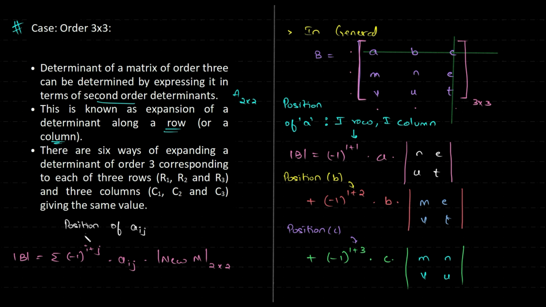That's where this entire thing comes from, and this is your elements from non ith row and jth column. Okay, so this is your entire set of rules. Again, just understand the rule and you're done.